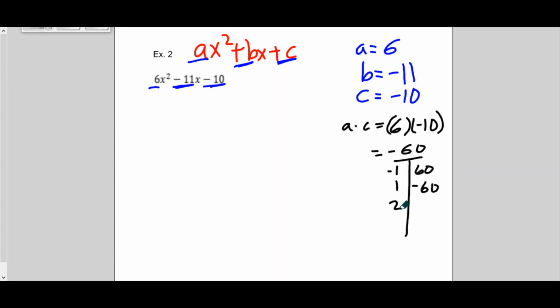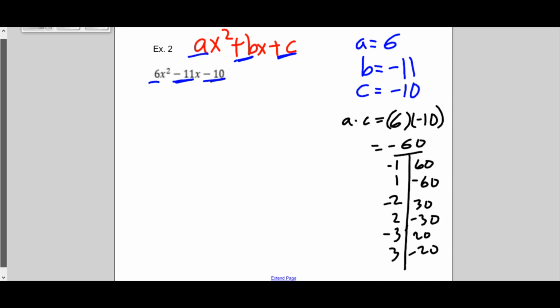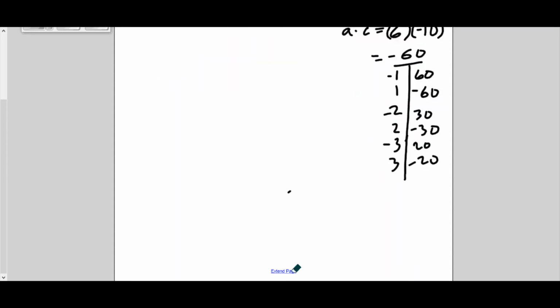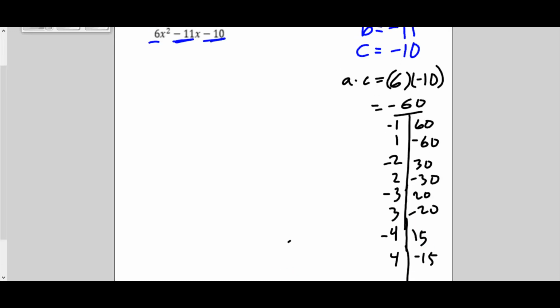You'd have negative 2 and 30, or 2 and negative 30. You could have negative 3 and 20, or 3 and negative 20. And then you could have negative 4 and 15, or 4 and negative 15. And I'm going to stop there. If we need more, I'll go on, but this should be good.